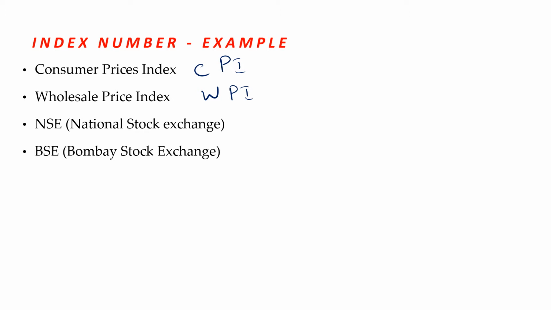And we have index numbers in the National Stock Exchange and the Bombay Stock Exchange. The index used in the National Stock Exchange, NSE, is called Nifty, and the index used in the Bombay Stock Exchange, BSE, is called Sensex. All these terms are usually common in various newspapers.